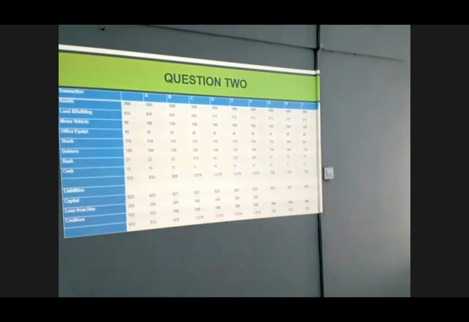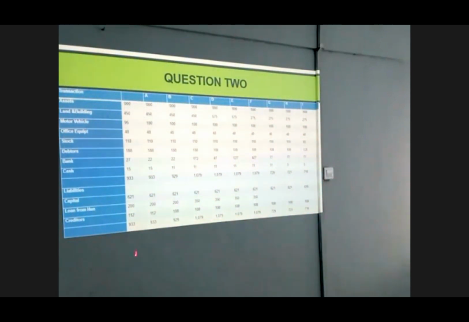My friends, this is not clear. You are not telling me what you have said, or what we are saying. There is a change here. Look at motor van. Motor van has gone up. Land and building.